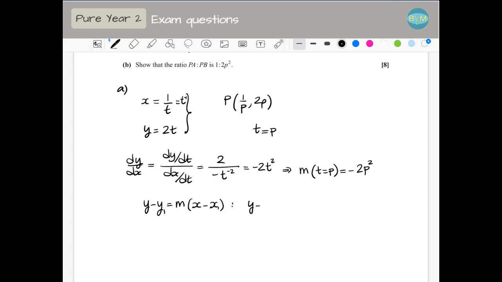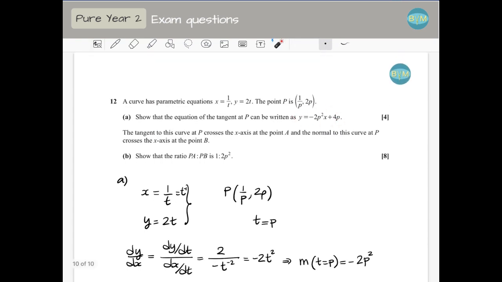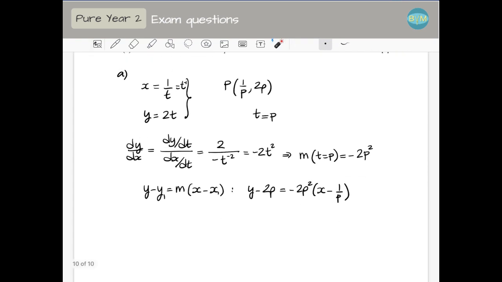So y minus the y of the point, which is 2p, is gradient minus 2p squared, brackets x minus the x of the point. And now it's working with the expression until it looks like they want it to look. So y the subject. Yeah? I can expand this bracket and this goes to the other side. So I add 2p.